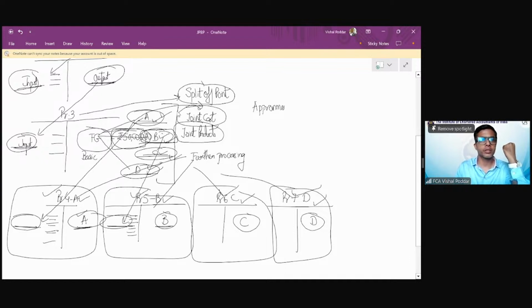That is what is called apportionment. Basically, you have to distribute this 50 lakhs between these four products so that you can do independent costing of each product. Anyways, we will require the separate cost for each type of product so that we can fix separate prices.